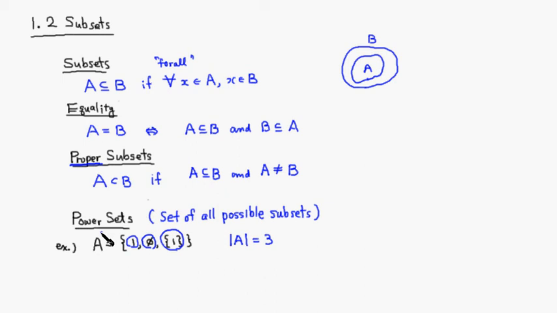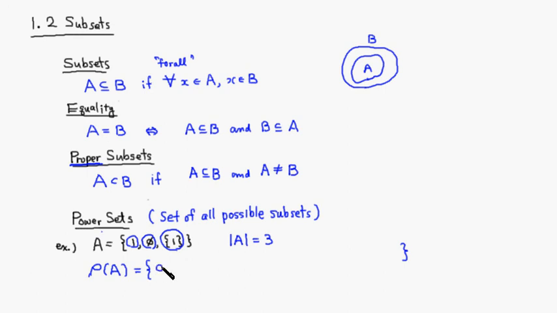Okay. And when you want to find the power set, so you have this power set, a cursive P of A. All right. So this is going to be the set that contains all possible subsets. So first, the smallest subset is an empty set.